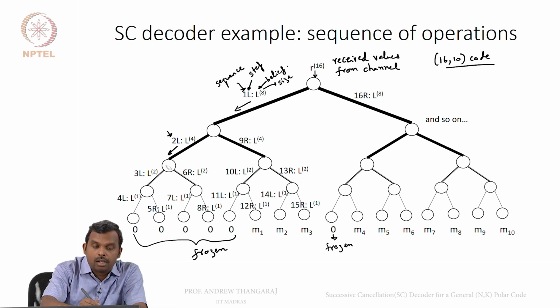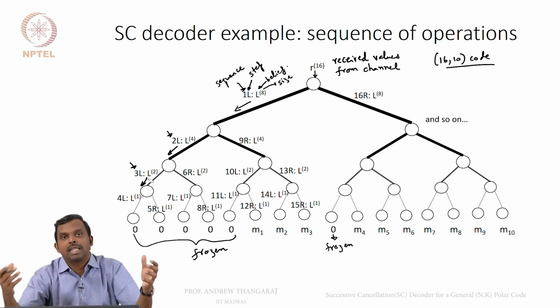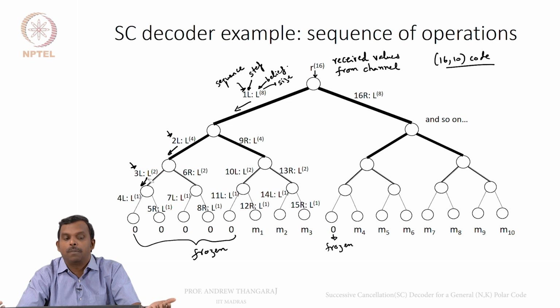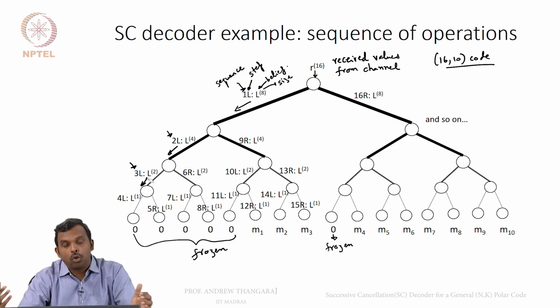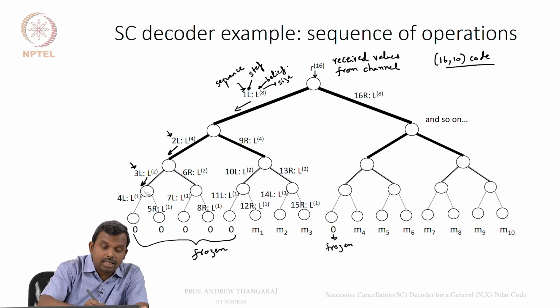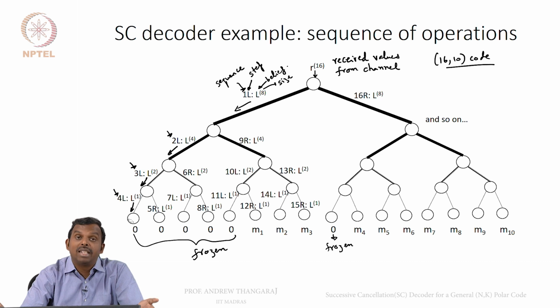Once this third child gets activated, it will do this step, which is again an L. Remember, whenever a node gets activated, it always does L first. So it does L, then 4 beliefs become 2 beliefs, and then this node gets activated, and the fourth step it will do L again, and now you have a leaf node. It just receives a single belief and it's actually frozen, so it will send back 0.